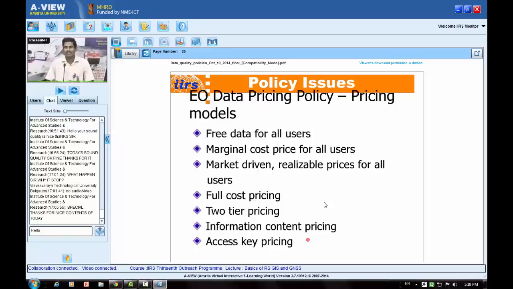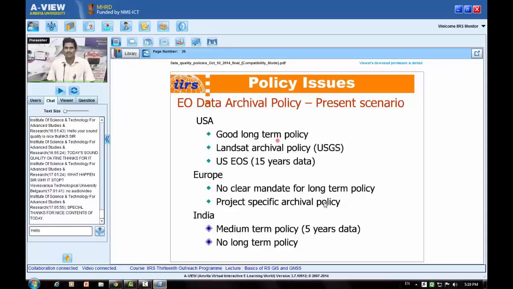So I have to buy the whole data instead of just what I wanted. That is also information content pricing. Access key pricing. Suppose I access some data, then whatever I accessed, the pricing should be for that, so that I need not pay for everything, which I don't want.